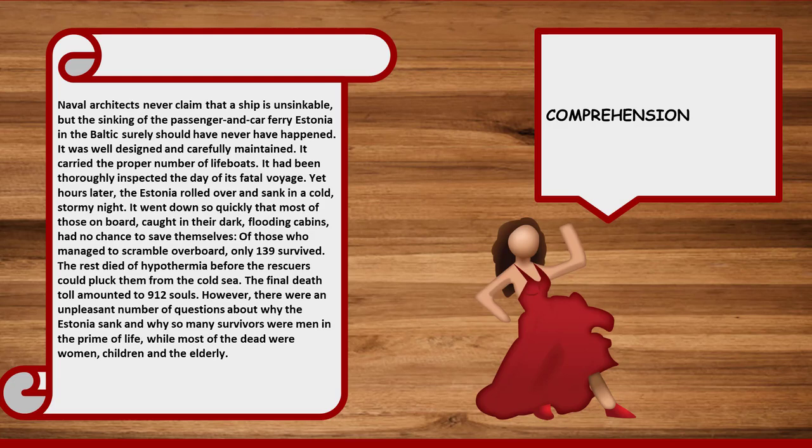It had been thoroughly inspected the day of its fatal voyage. Yet, hours later, the Estonia rolled over and sank in a cold, stormy night. It went down so quickly that most of those on board, caught in their dark, floating cabins, had no chance to save themselves. Of those who managed to scramble overboard, only 139 survived.